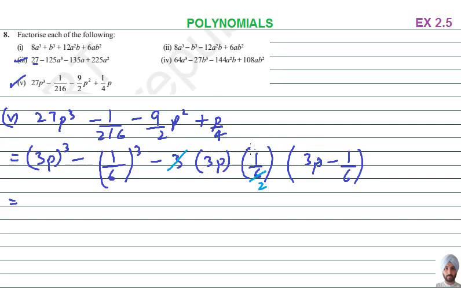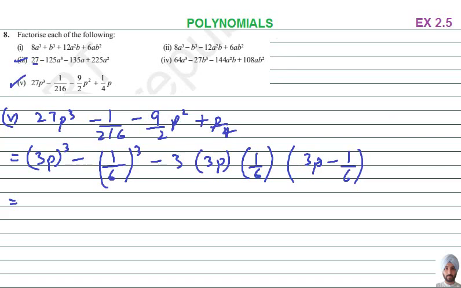Then again 3p upon 12, 3p into 1 is 3p and 2 6s are 12. So what is 3p upon 12? That is p by 4. Okay, so that means our judgment is correct. You have to apply this identity.